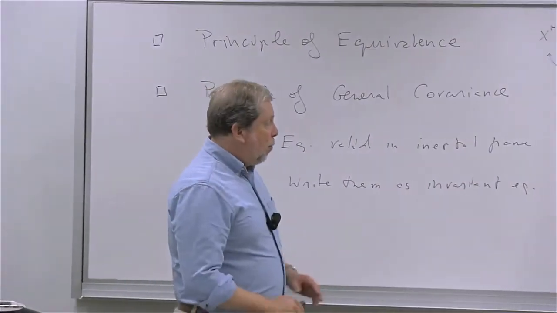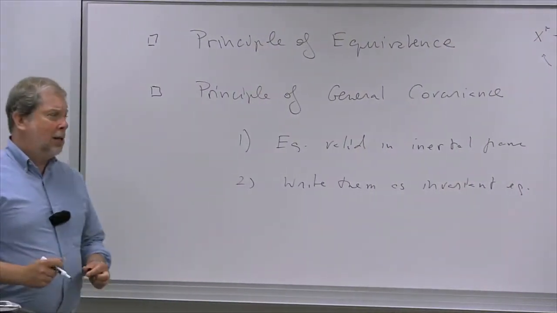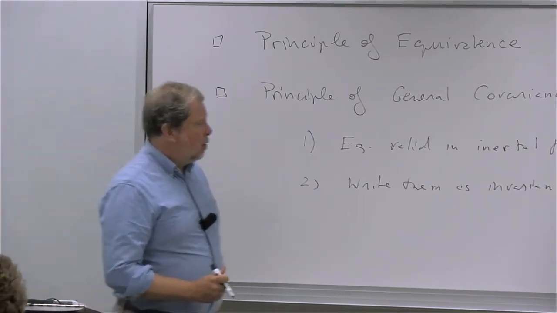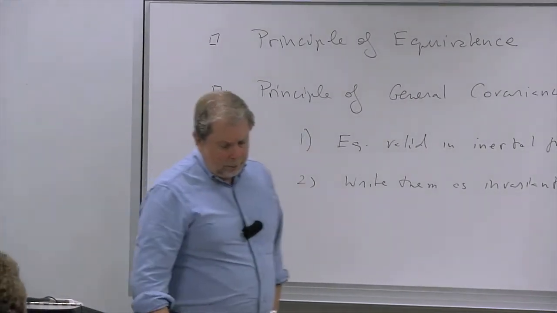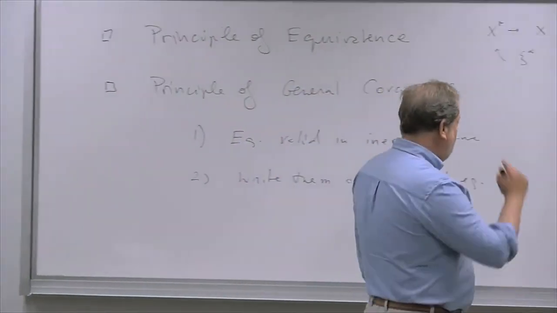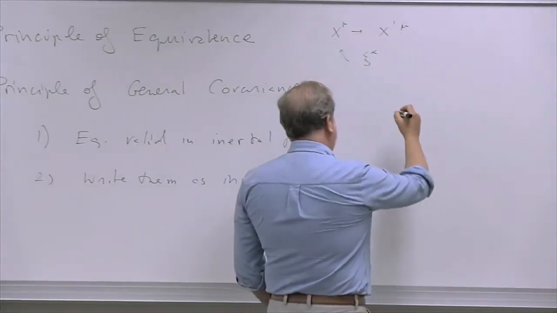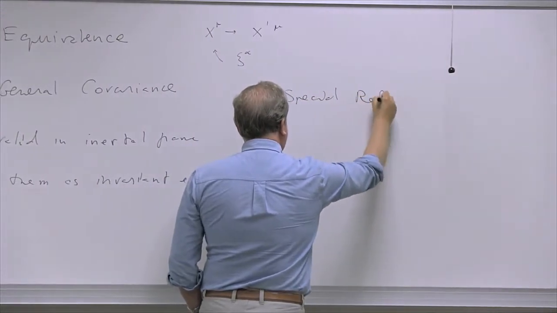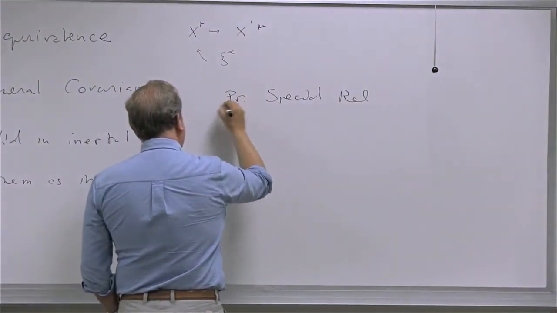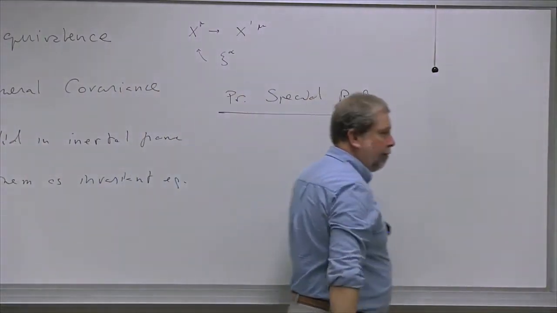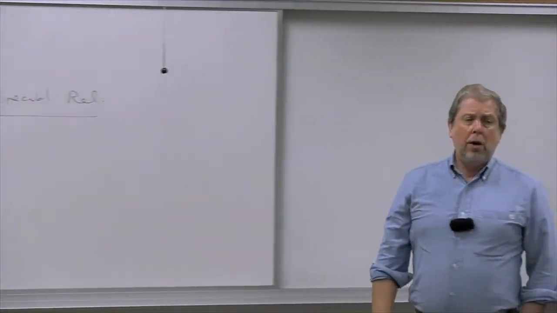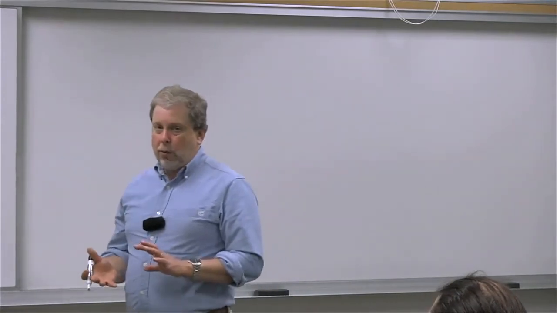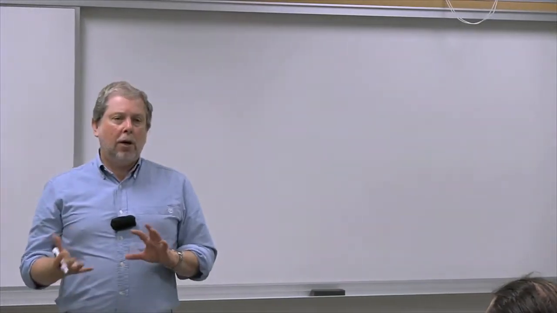And so before we plunge into that and discuss these properties of tensors and vectors in general relativity, let me talk a little bit about the principle of special relativity. The principle of special relativity is what we used in the first 3 lectures or so, right? We did use an invariance principle to write down equations that were invariant, specifically Lorentz invariant.